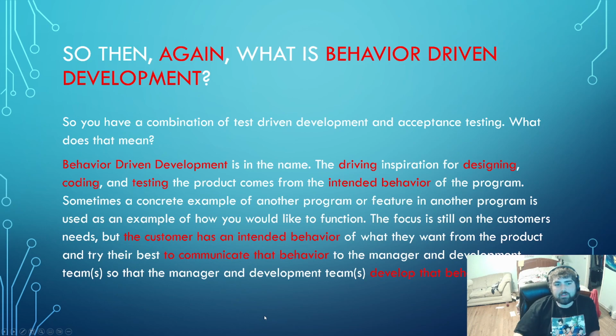They have to have the same thing in both of their heads, because the customer knows what he wants, but you have to be able to translate it to code. So you have to be able to develop that behavior they're looking for.